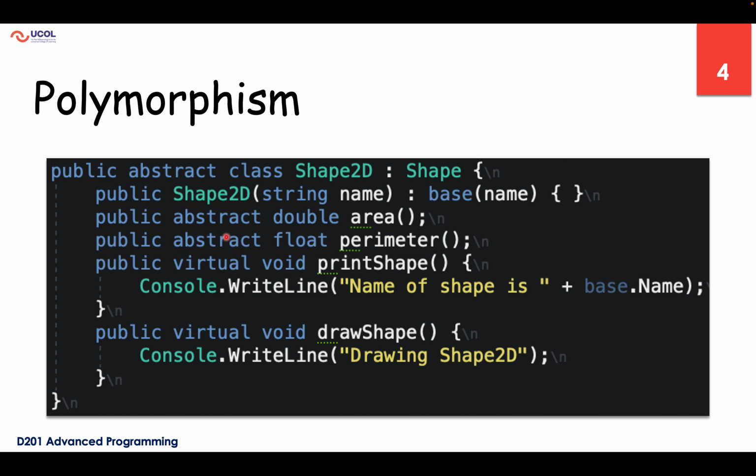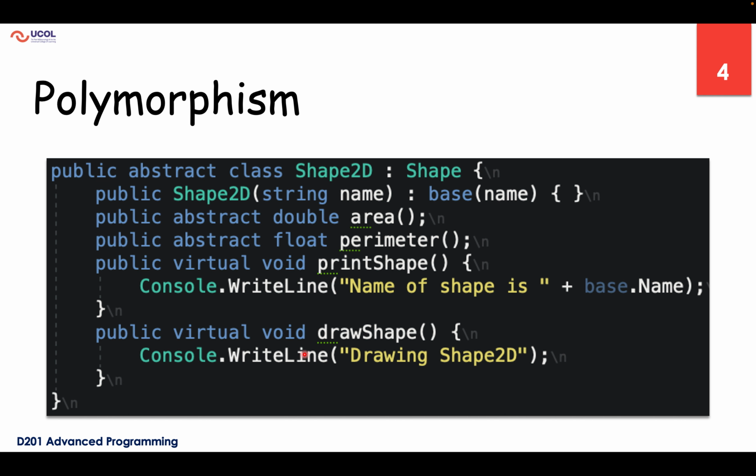We also have the abstract methods. Abstract methods are those methods which need to be implemented. We have only given the header. So we say it is a public abstract method, what the return type is, and what the name of the method is. These are the methods that need to be implemented in the child class if that class is not abstract.